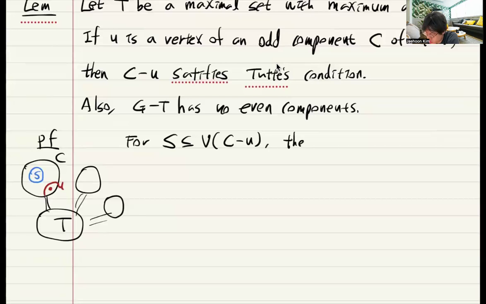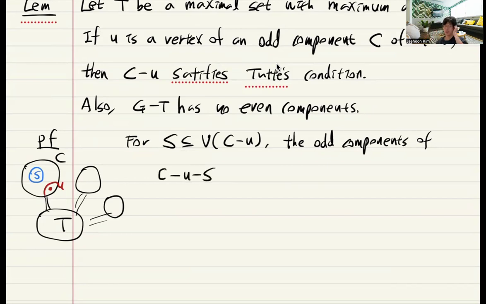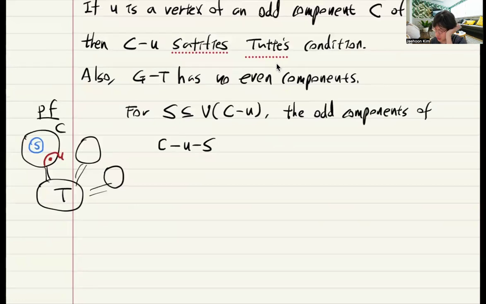What do we want to do? We want to count the number of odd components of C minus U minus S. So you take, say, S here, and once you take this out, you have certain odd components.